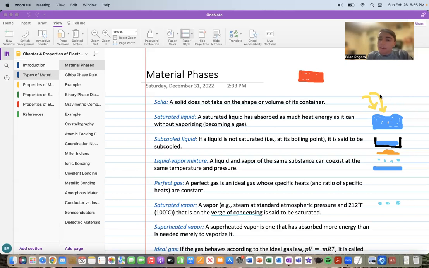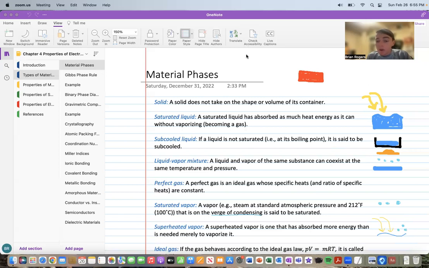And so what happens here is we still have our arrows going into our liquid, and our liquid gets heated up enough that it actually starts to form vapor. So we were able to pass the saturated liquid stage because we got enough energy in order to form vapor.